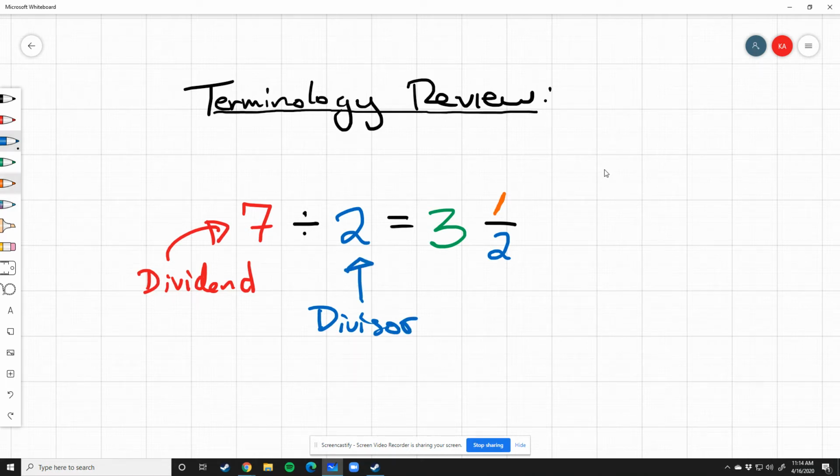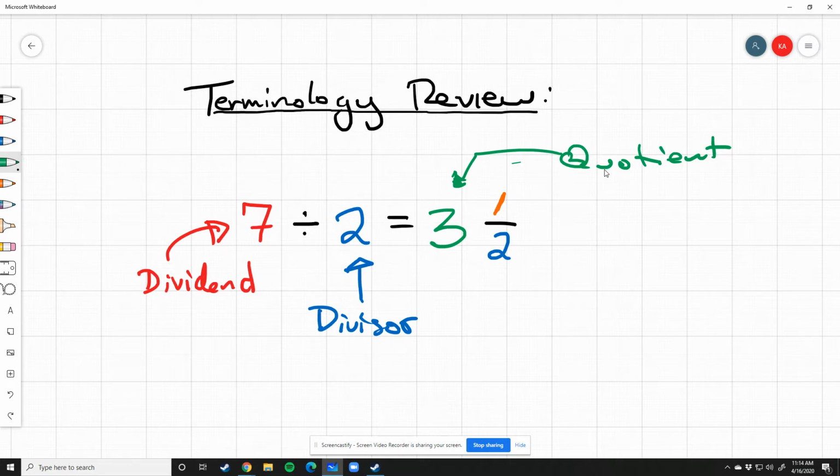And we have a quotient in green. So in particular, the dividend is the number that's getting something divided into it. So 7 divided by 2, 7 is the dividend. 2 is the divisor, it's the number going into 7. And then 3 is our quotient, it's the number of times 2 went into 7.